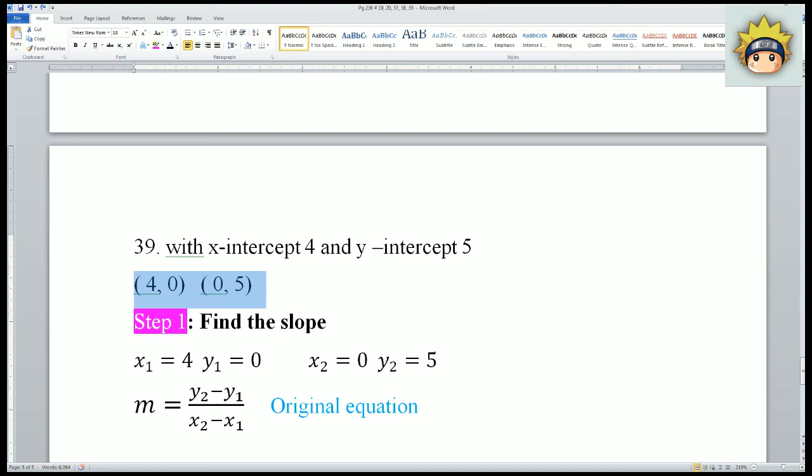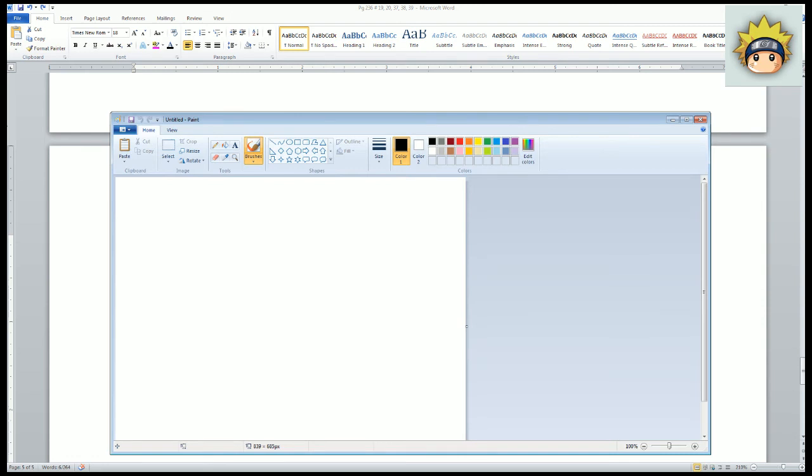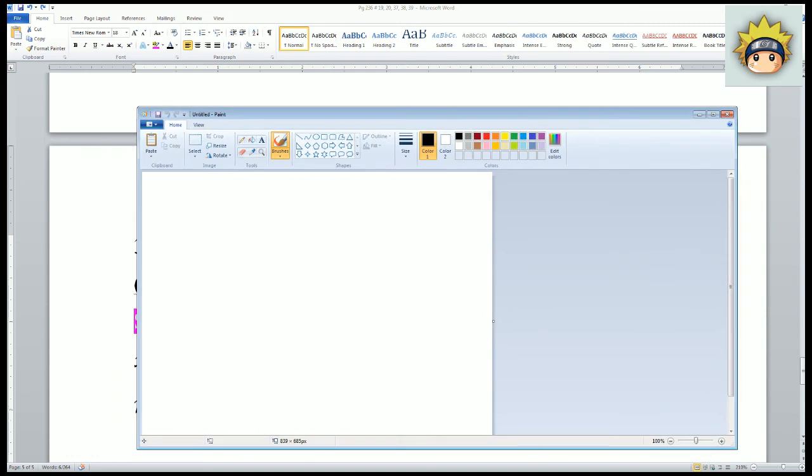I could even pull out a graph if you would like. Let me bring up Paint and get an image of a coordinate grid.